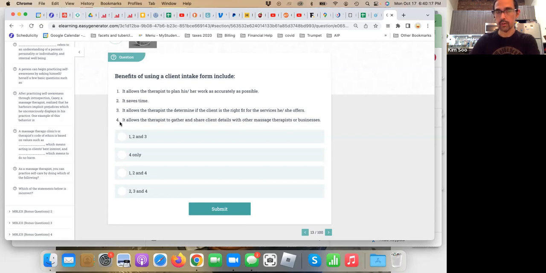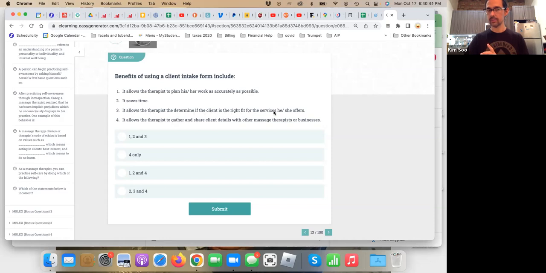So for client intake form, remember that an intake form usually includes things like a health history, physical examination, verbal examination, subjective, objective assessment, plan, right? So it's not really the document that's oriented towards marketing. So I'd say number 4, probably not.